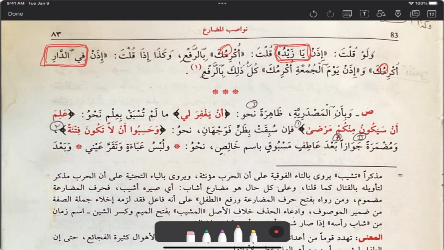Idhan fi dari ukrimuk, wa idhan yawm al-jumu'ati ukrimuk, and also here yawm al-jumu'ah, that's a dharf. We're going to call that prepositional nominal, dharf, as opposed to a prepositional particle. It's like a noun that has the meaning of a harf jar, of a preposition.